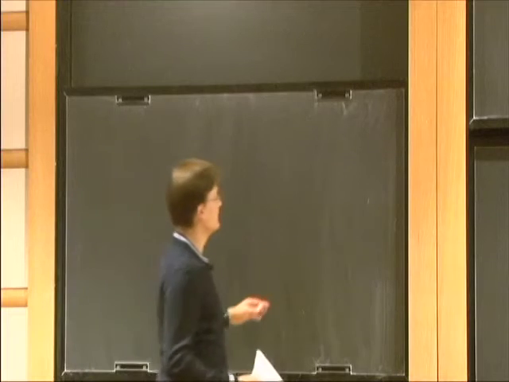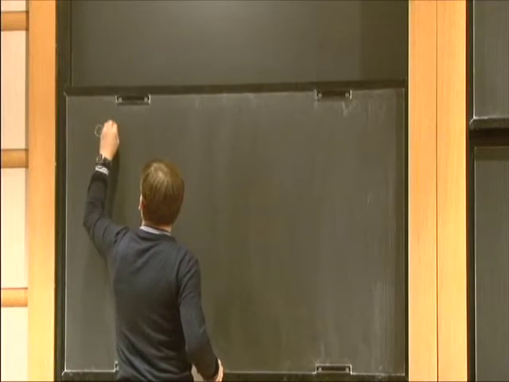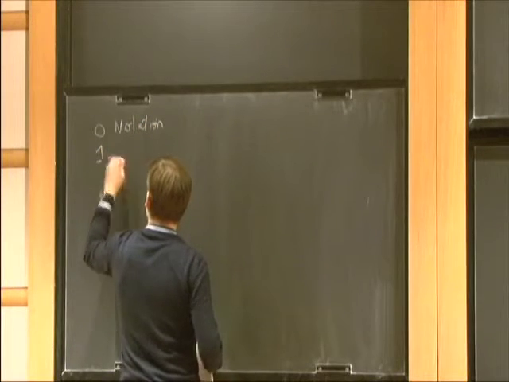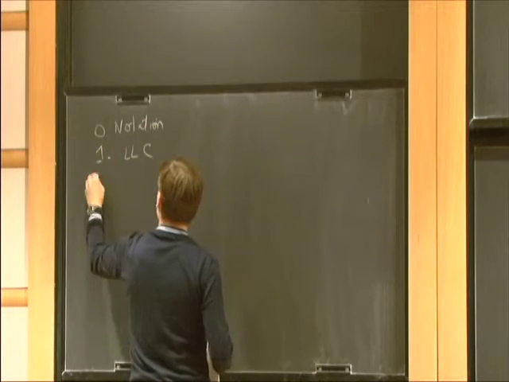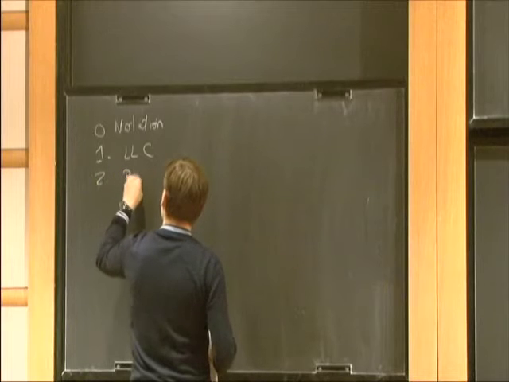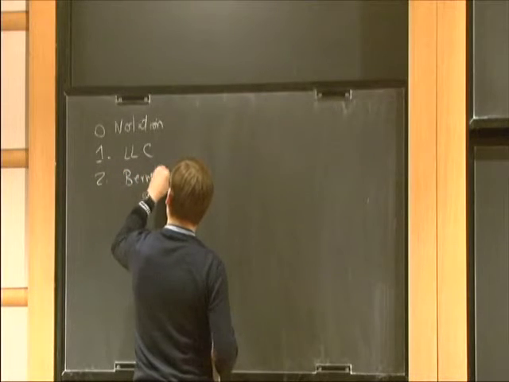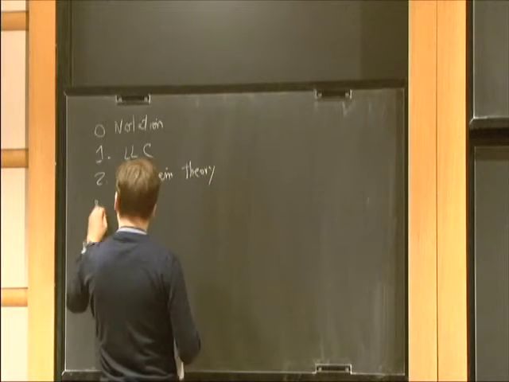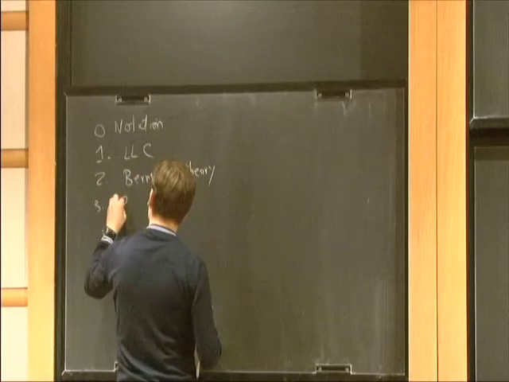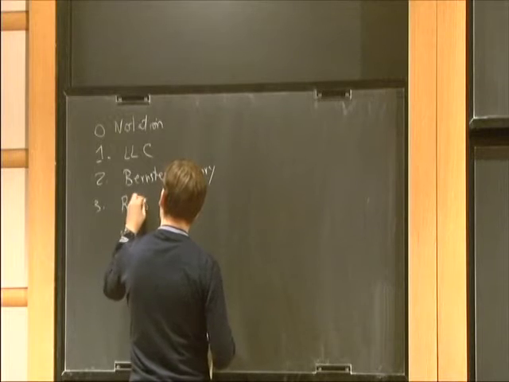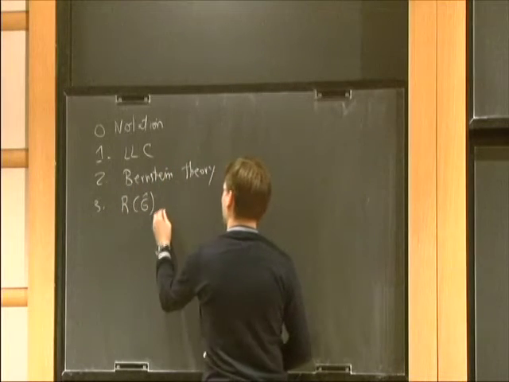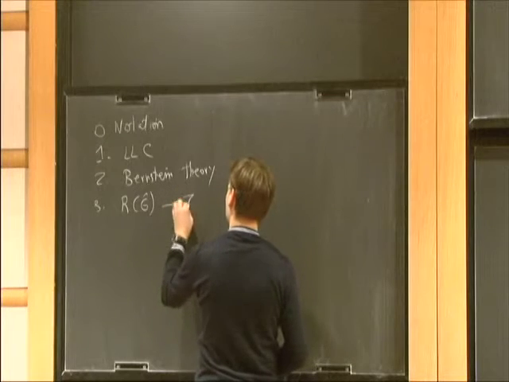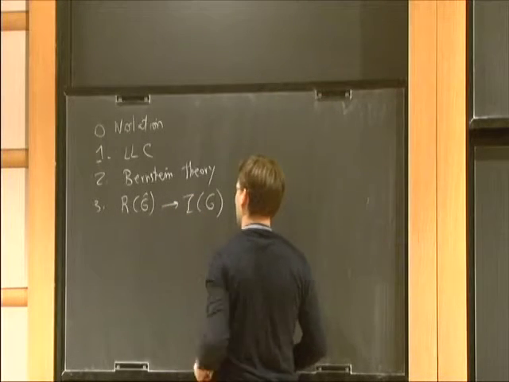So I'm going to put an outline here. First, notation. Second, local Langlands correspondence. Third, Bernstein theory. Then, the main point is that we want to construct a map from the representation ring of the dual group to the so-called Bernstein center of the p-adic group.